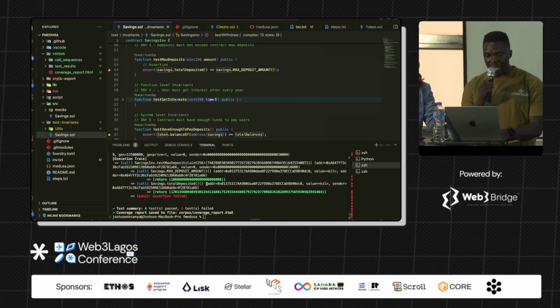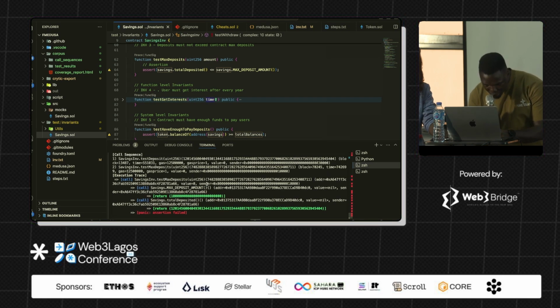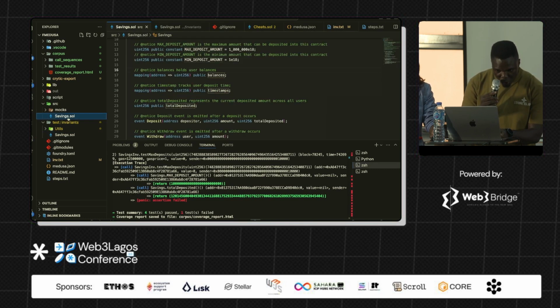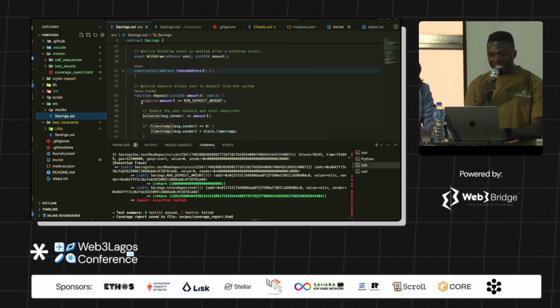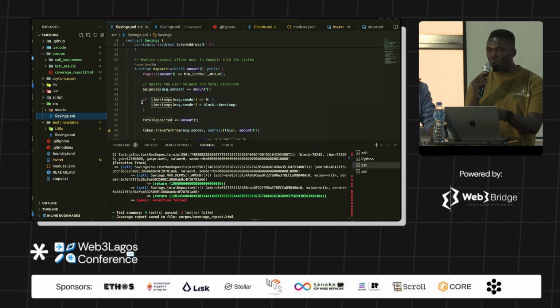But the actual issue that you caught here is the issue of max deposit, which means that at that point the user deposited more than they should, because when we look at our Savings.sol, we'll discover that in the deposit we're not checking to make sure that the users have reached the max deposit. So this is one. The other one is the one I just explained.